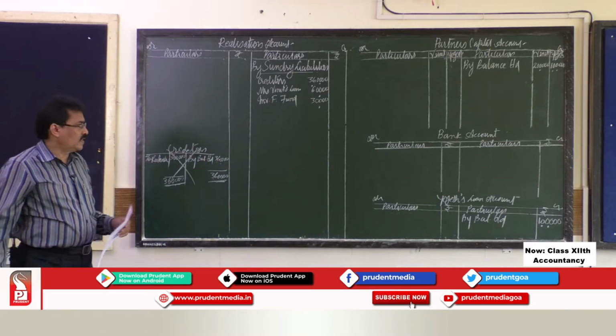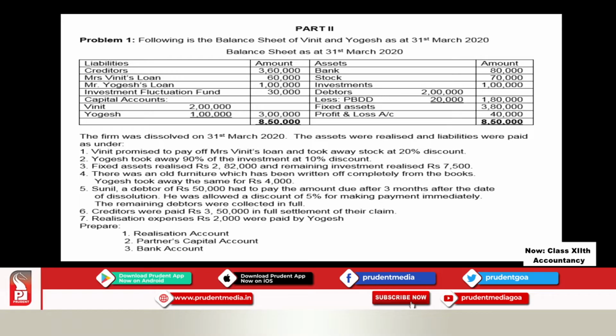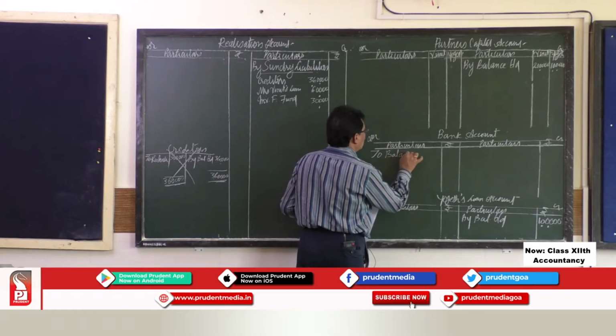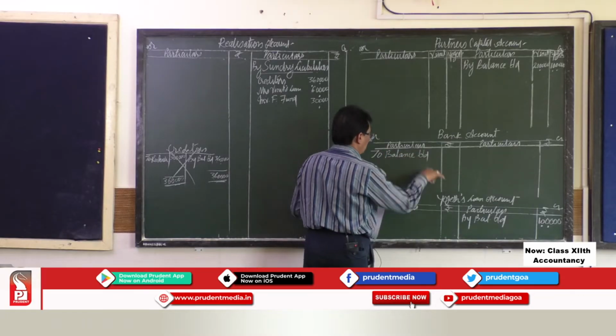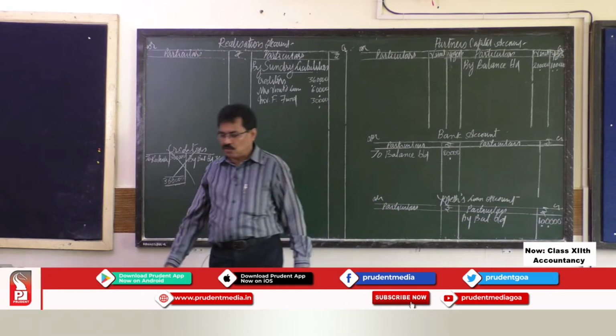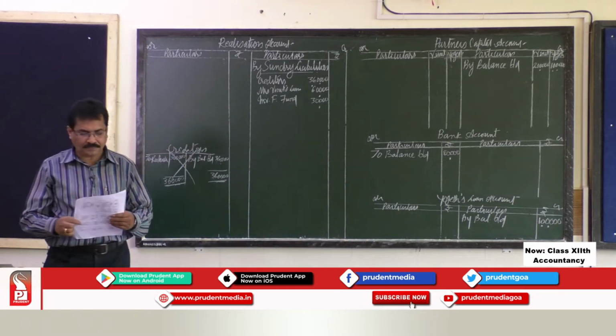Now, coming to asset side, we have bank balance. Bank balance is in the liquid form; it need not be realized. So, we have to transfer that bank balance as it is to your bank accounts. To balance brought down, your bank balance is rupees 80,000.